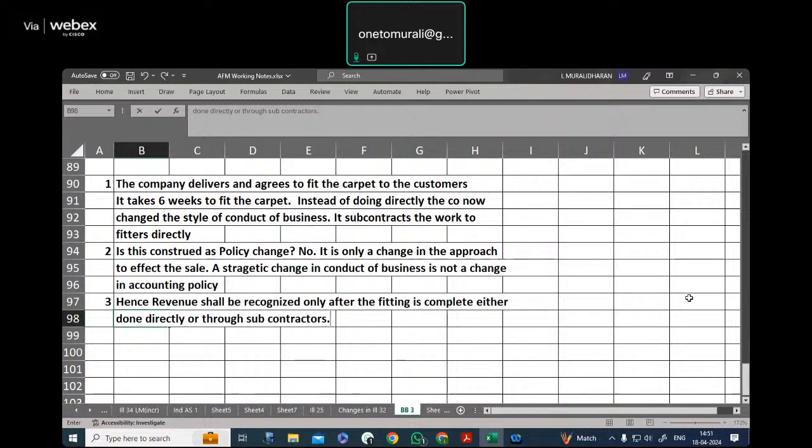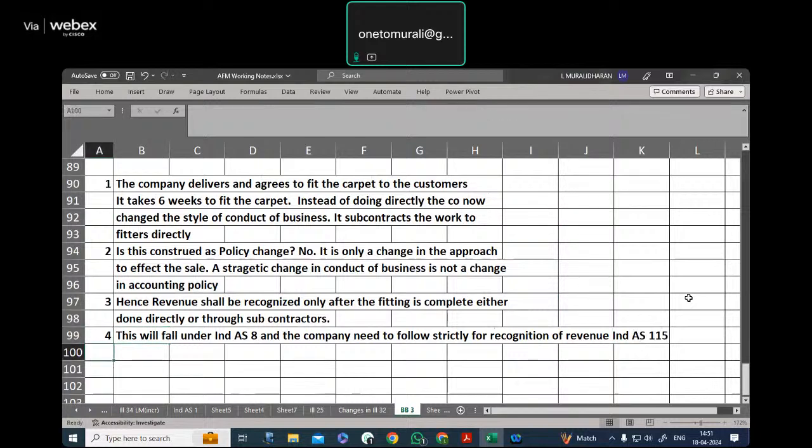So hence revenue shall be recognized only after fitting is complete. This will not fall under Ind AS 8, and the company needs to follow strictly for recognition of revenue Ind AS 115. That's it.